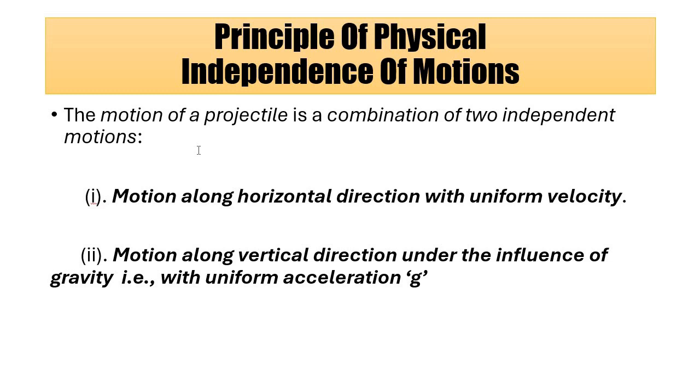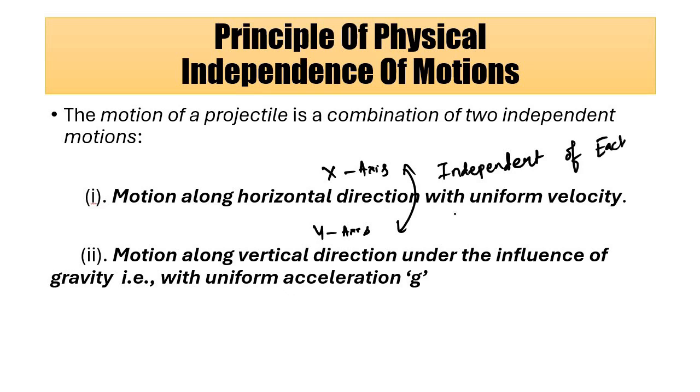The motion of the projectile is a combination of two independent motions, motion along the horizontal direction, that is x-axis, and motion along the vertical direction, which is y-axis, and these two are independent of each other. Every parameter is treated and analyzed separately. One does not affect the other. So this is the basic introduction to projectile motion.